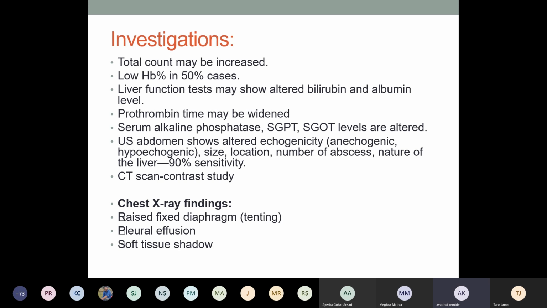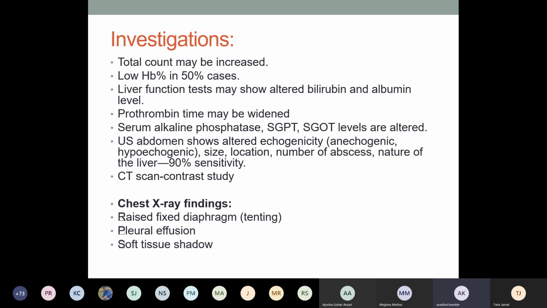To evaluate this, we need some investigations, and the first and foremost investigation carried out is the total count, which is always increased. Hemoglobin concentration is on the lower side because of broken RBCs.